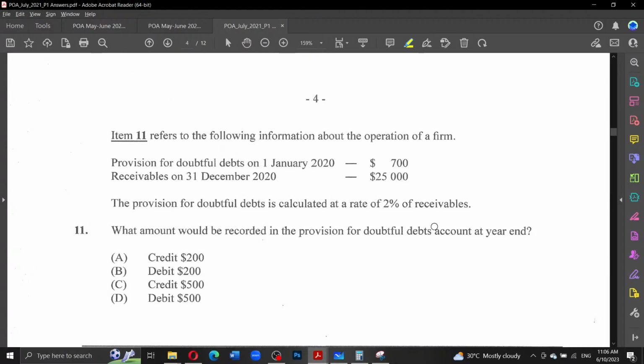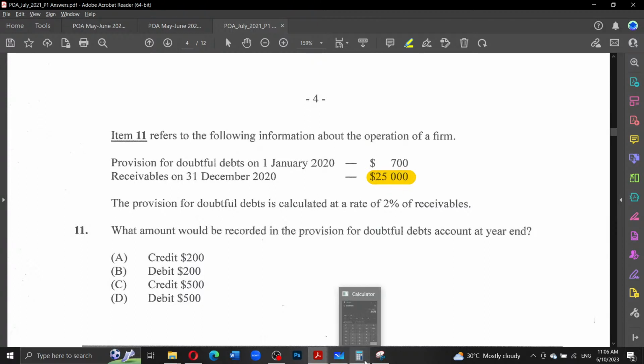11. Alright, let's see what's going on here. Item 11 refers to the following information about the operation of a firm. Provision for doubtful debt at the start of the year is $700. The receivable for the year is $25,000. The provision for doubtful debts is calculated at a rate of 2% per receivable.